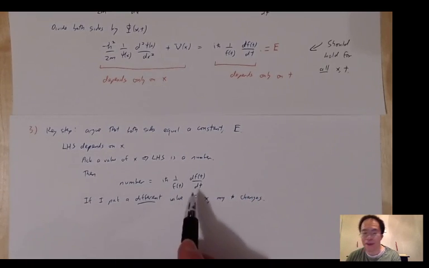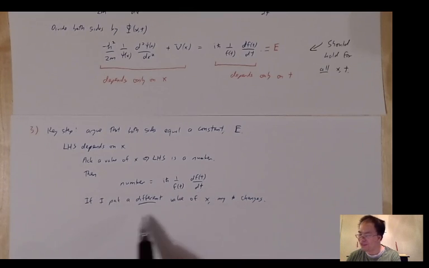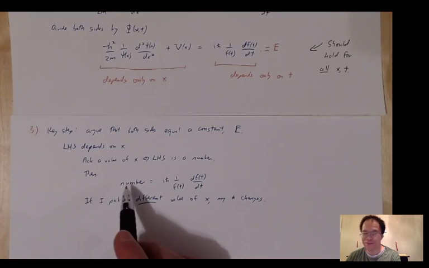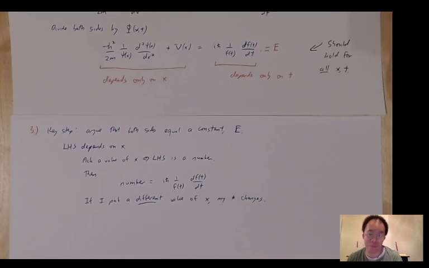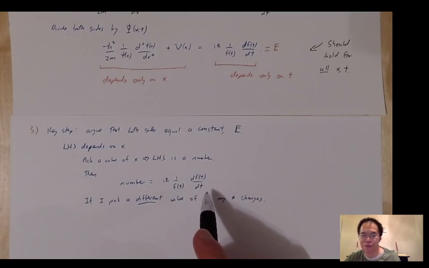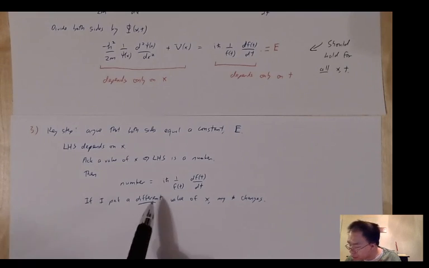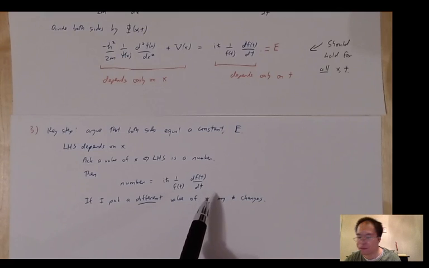Then whatever solution f of t I got from solving this equation is not going to work if this side equals some different number. And there's no way I can compensate on the right side with anything that depends on x, because we've explicitly constructed our lowercase f to only depend on time. There's nothing x-dependent over here.